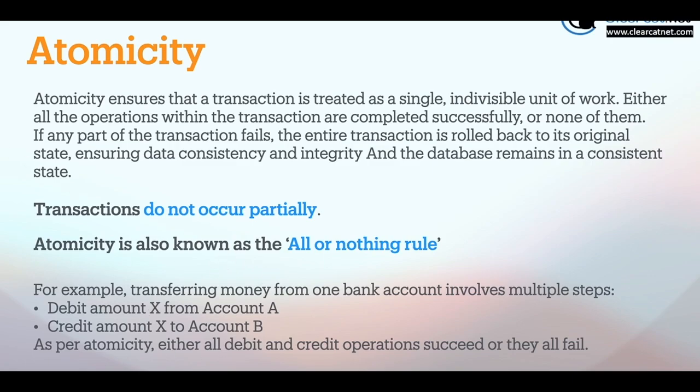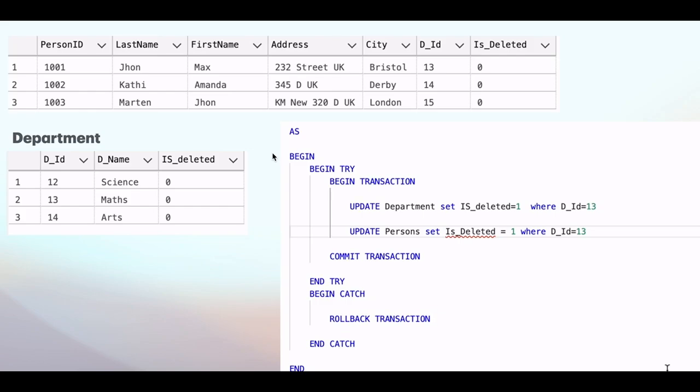Okay, let's see it in our database. Here is a query. We are updating our database. We have two tables, person and department. If we want to remove a department from our database and flag is_deleted equal to 1, then we have to remove the persons from the person table where the department id is the same. Like department id 14 is there for Arts, and department id 14 is there for Kathy Amanda.